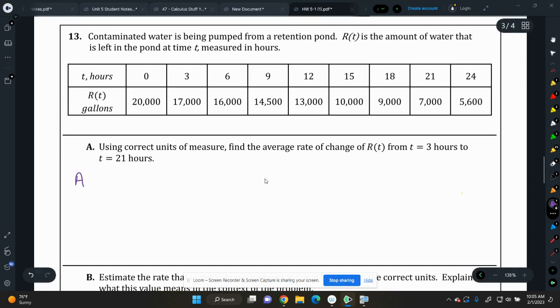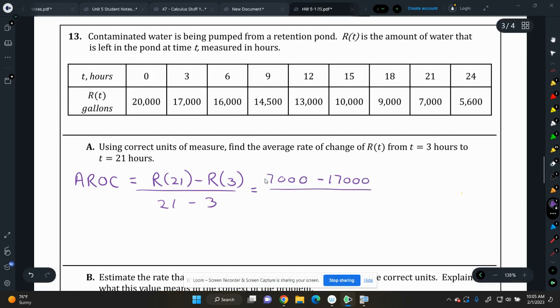We're going to say AROC, average rate of change, equals R of 21 minus R of 3 over 21 minus 3. R of 21, that's 7,000 minus 17,000 over 18.